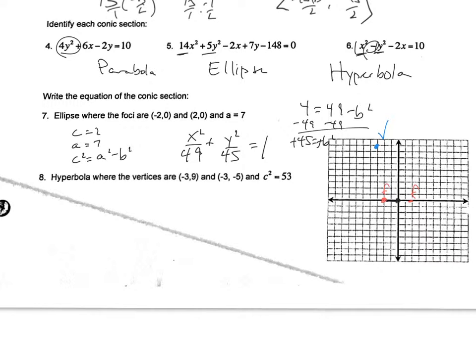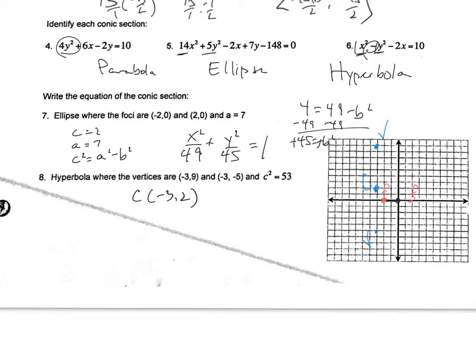And we're at negative 3, negative 5. That's another vertex. So between positive 9 and negative 5, there are 14 points or spaces, whatever you want to call it. And then the halfway would be 7. So our center is 7 down from the 9 or 7 up from the negative 5. So here's the center at negative 3, 2.